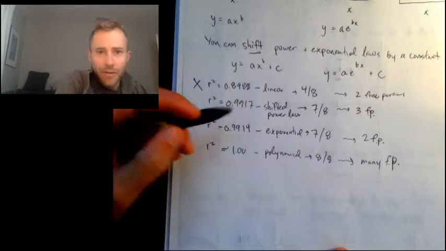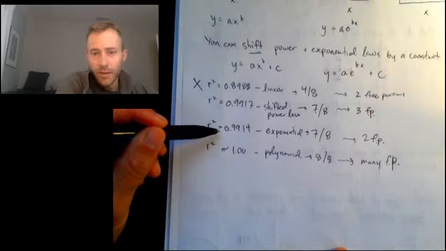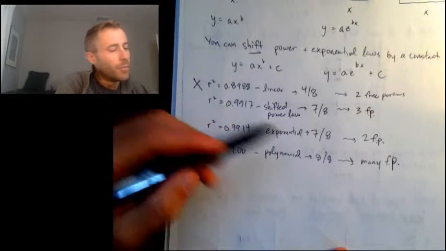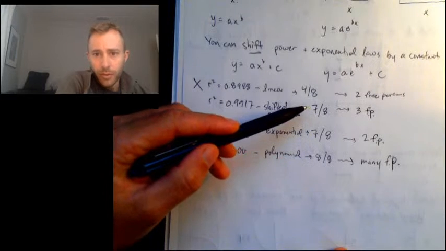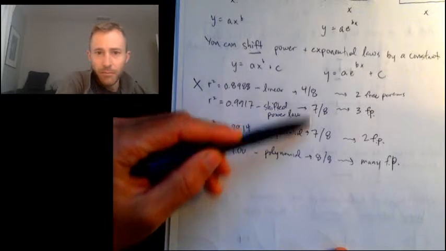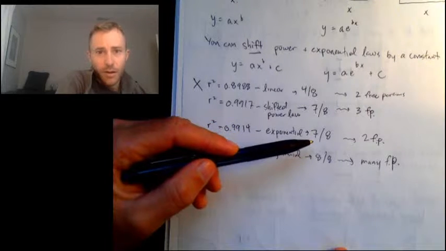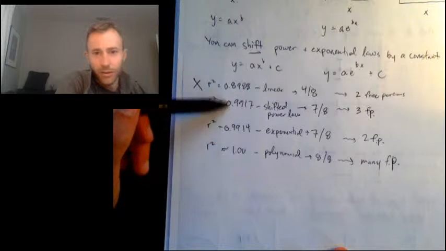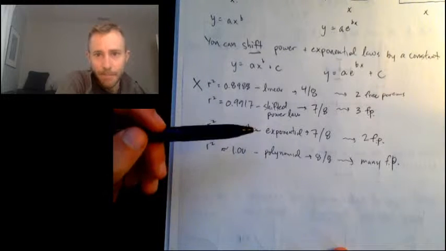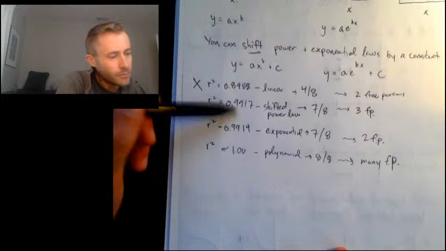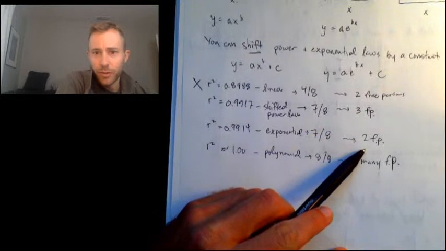If we look at the shifted power law versus the exponential, they both have the same number of error bars touching the line of best fit. They have almost exactly the same R squared, not quite, but this one has 3 parameters, this one has 2 parameters.